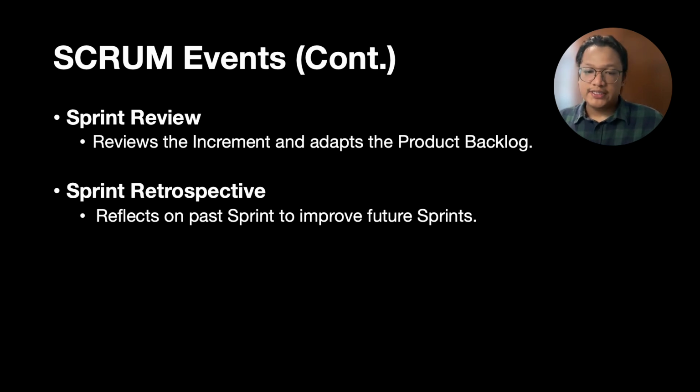The difference between the sprint review and the sprint retrospective is that in the sprint review, we review the product, the increment of the product, and in the sprint retrospective, we reflect on the team management and also everything that went well. It only happens for the internal team, but the sprint review takes stakeholders to gather feedback.